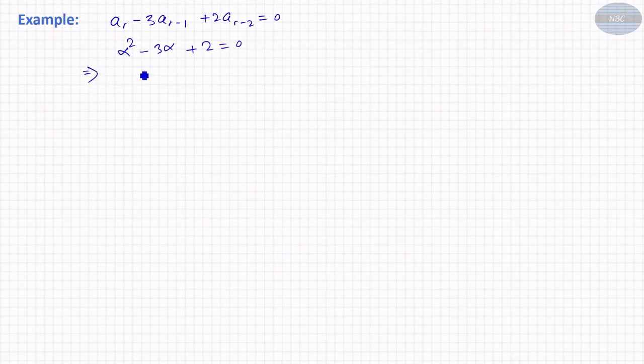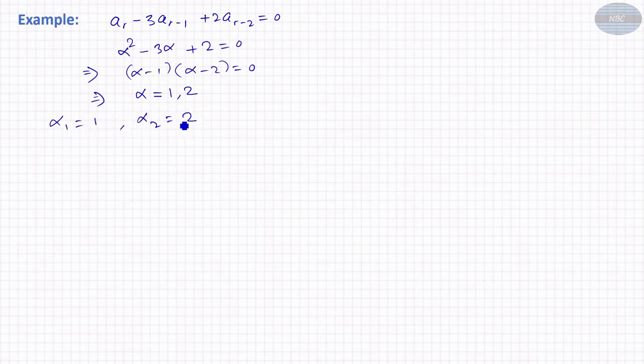It can be simplified to (alpha minus 1) into (alpha minus 2) equal to 0. So here alpha is equal to 1, 2, or you can say alpha 1 is equal to 1 and alpha 2 is equal to 2.